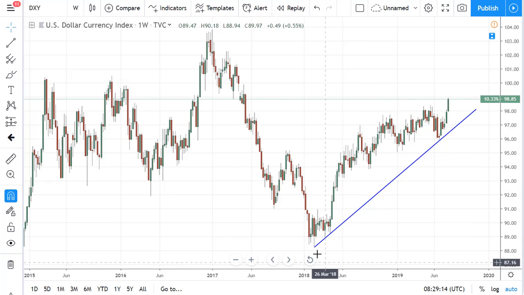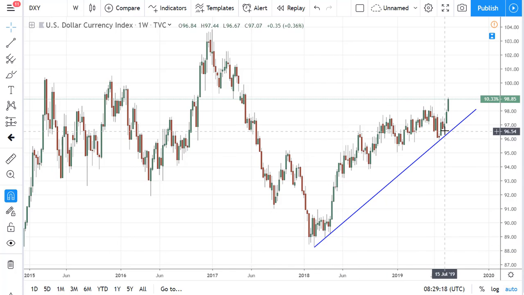But interesting to see is this trend line connects down here, and once price came back to this line after not being here for almost a year, it reacted and started moving. It found support over there.